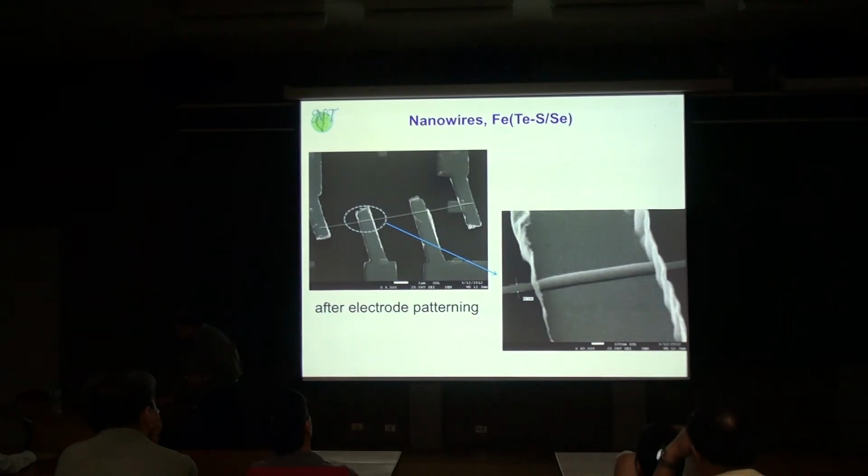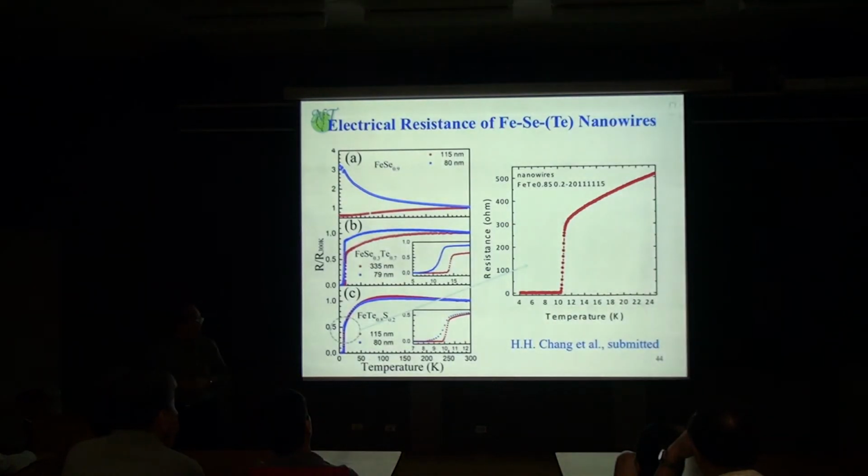And the result actually was very surprising. We did see a superconducting transition, but only in iron-tellurium-sulfur nanowires or iron-selenium-tellurium nanowires. We never saw it in this uncertain one.